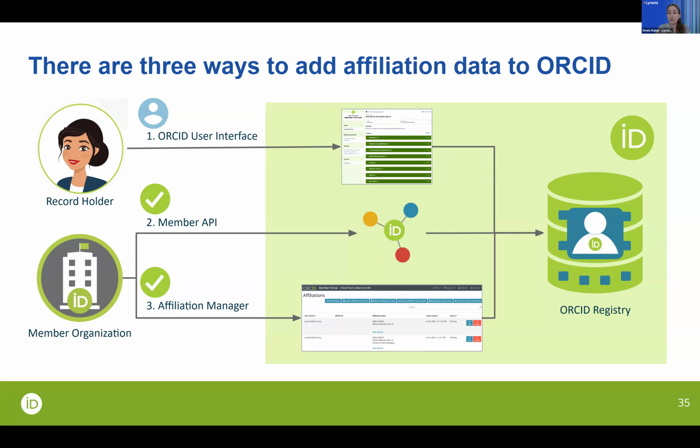The second way is if the researcher is affiliated with an organization that's a member of ORCID, that organization can use the ORCID member API to add information to a researcher's ORCID record for them, or the organization can use ORCID's affiliation manager tool to add information to researchers' ORCID records for them.